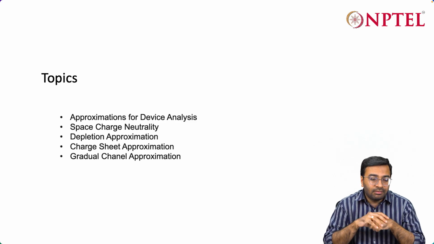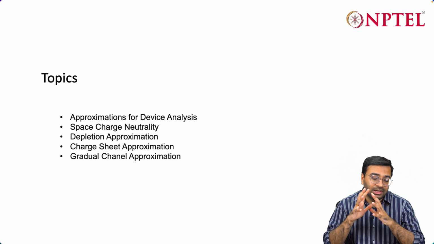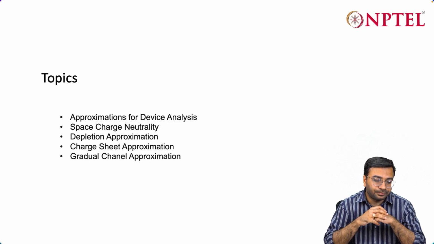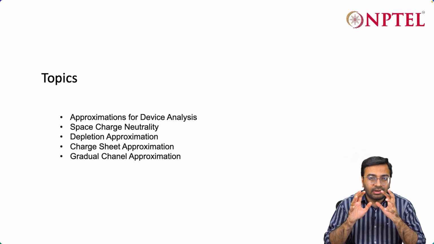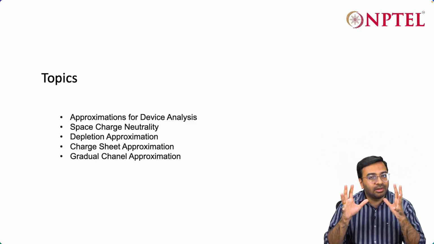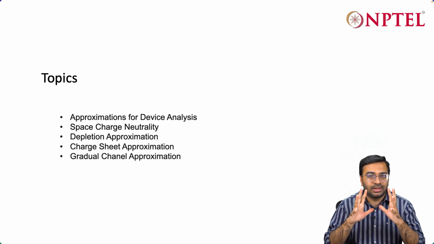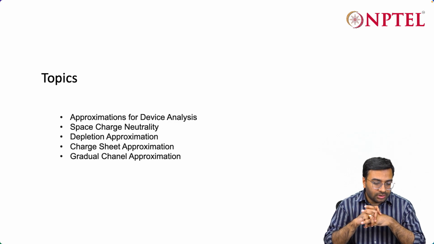However, today we will discuss some approximations associated with device analysis. So I have mentioned here a few. For example, space charge neutrality. We will consider space charge neutrality when we consider a particular device. We will consider depletion approximation here. We will consider charge sheet approximation, and we will consider gradual channel approximation.